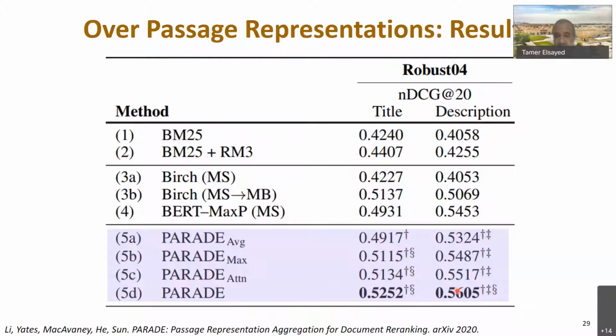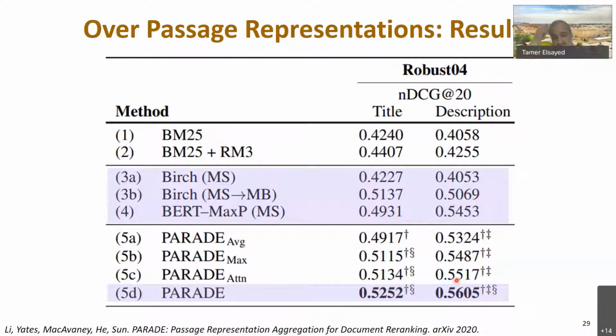Now, if we look at the difference between Parade and BERT or Max-P that we just covered, you will see that Parade was more effective. From 0.4 here, 0.49 here, to 0.52 here. Even in the description, there was also some improvement.